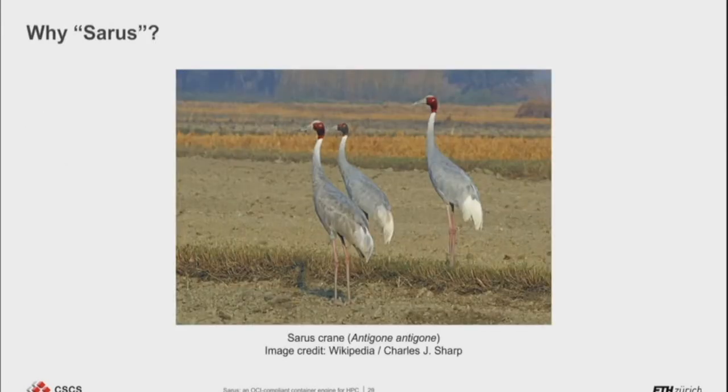So we had to fall back on still something related to the cranes. We named it after the Sarus crane, or Antigone. It is the tallest flying bird in the world, and coincidentally, but conveniently, its colors are red, white, and gray, which are the same colors of CSCS. So corporate identity is preserved, and Michele is happy.